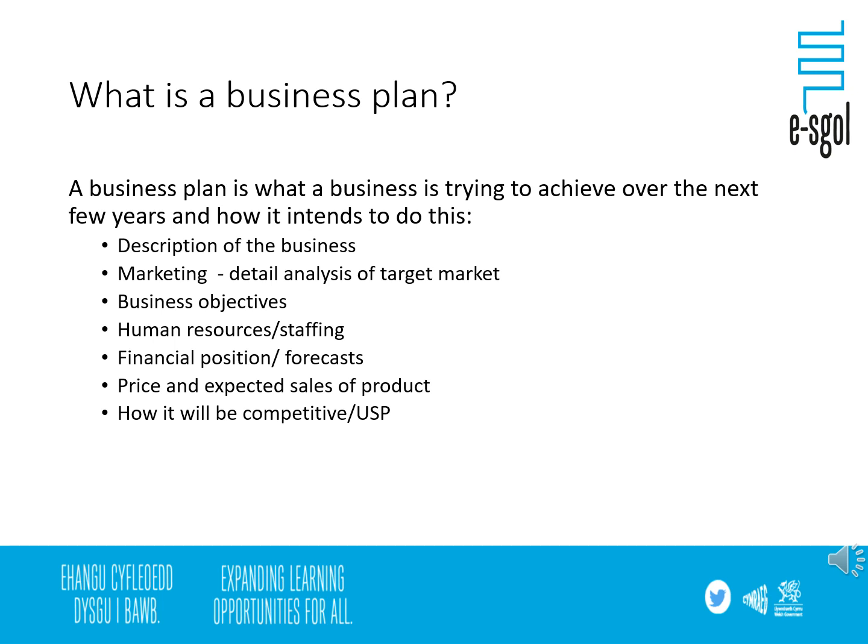You've got a human resource section, so you know what the staffing is going to be and how much you're going to be paying people. Maybe your financial position, what your forecasts are over the next few years, price and expected sales, and how you're going to be competitive. Have you got a USP? What is your USP? What's standing out between you and your competitor?